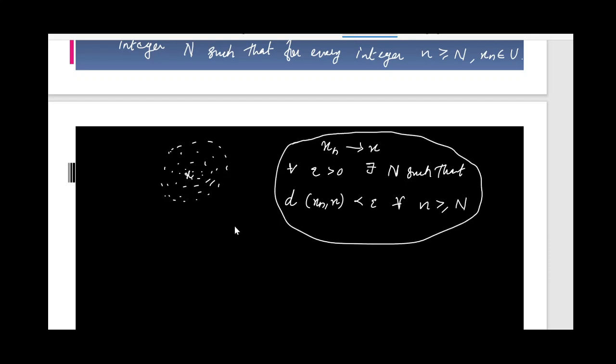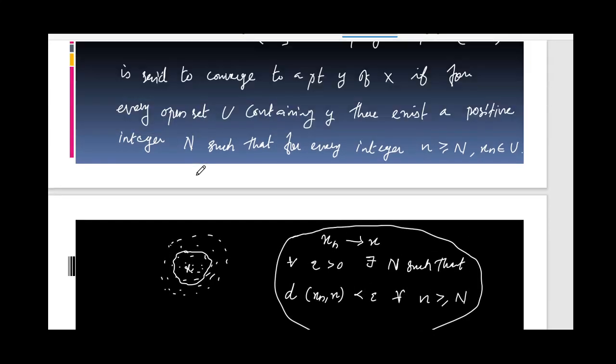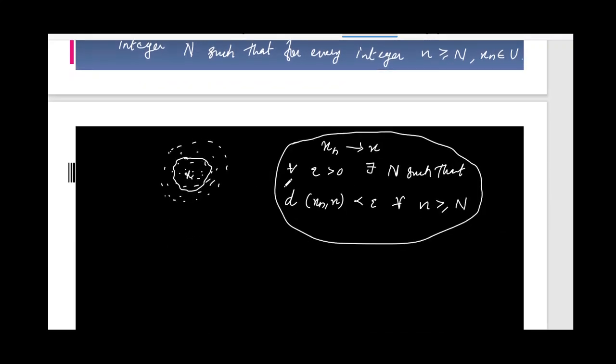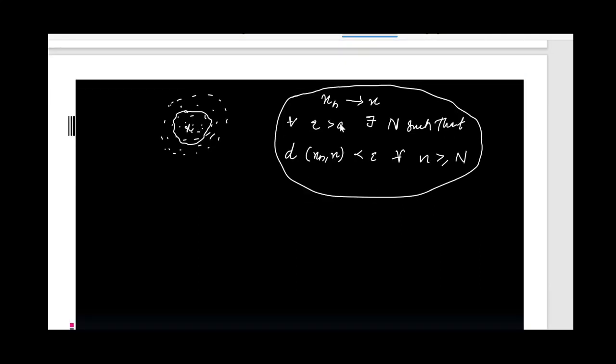But here, what you are saying is you take an open set containing x. So what is an open set over here? If you are having a topology here, take an element of that topology. Nothing else. No need of taking epsilon, no need of taking this metric and all. You take an open set means you take an element from your topology.